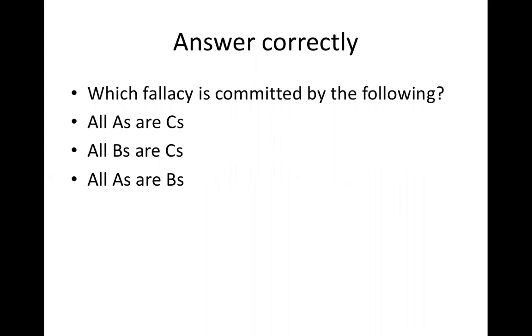Why do you say it's a fallacy of modus? Because all A's are C's and all B's are also C's. Therefore, all A's will be B's. Okay, let me put it in words. All Ghanaians are Africans, all Kenyans are Africans, therefore all Ghanaians are Kenyans. What kind of fallacy is that? Hypothetical. Yeah, so that's a hypothetical fallacy.